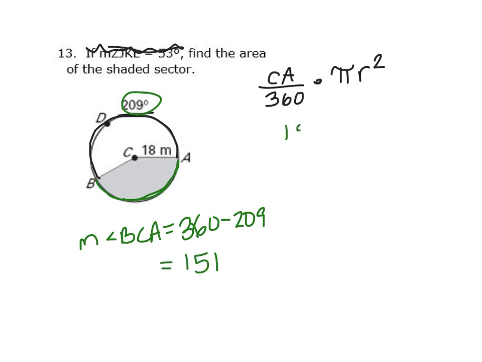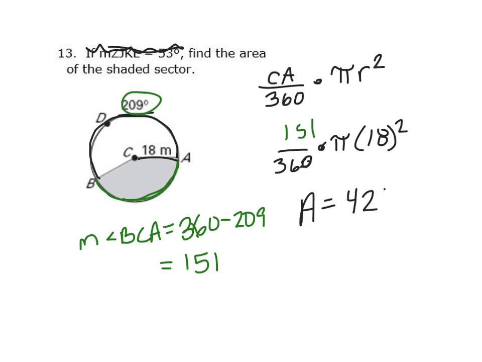So 151 divided by 360 times pi, and the radius is 18 squared. And then from there, you can use your calculator, and you should get an area of 426.942, and this would be meters squared.